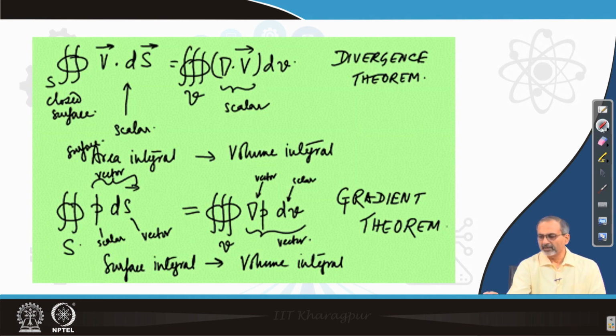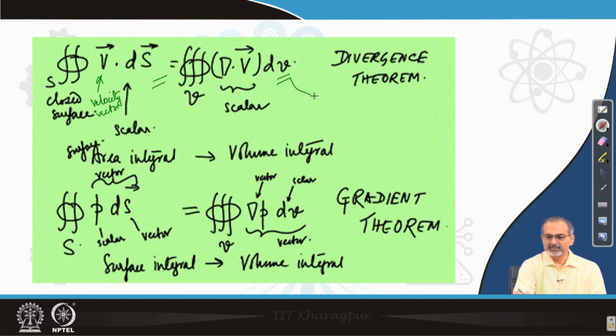Let us look at the divergence theorem. When you have V dot dS, where dS is the area because it is uppercase S, and you are integrating over a closed surface, then that is equal to the volume integral of the divergence of V over that particular control volume. The uppercase V over here has been used for indicating the velocity vector.